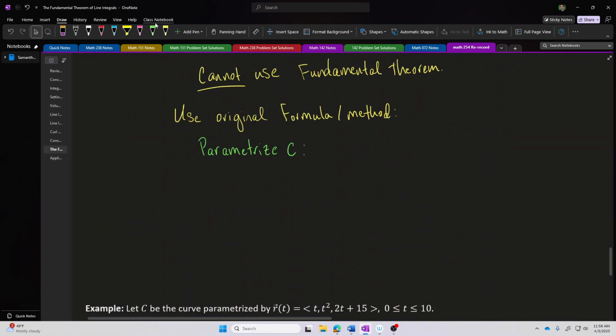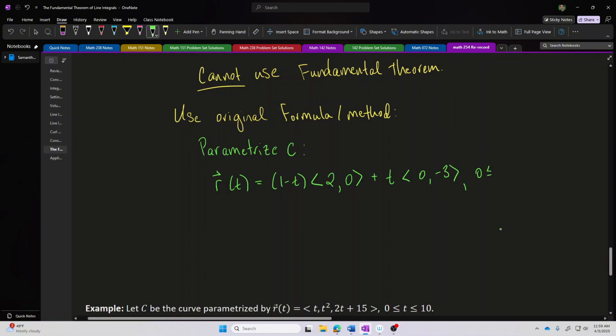I will parameterize C using the vector valued function obtained by taking the vector pointing to the initial point, 2, 0, and scaling that by 1 minus t, and then adding t scaling 0, negative 3, the final point. This would be valid for t's between 0 and 1, 0 corresponding to the initial point and 1 corresponding to the final point.